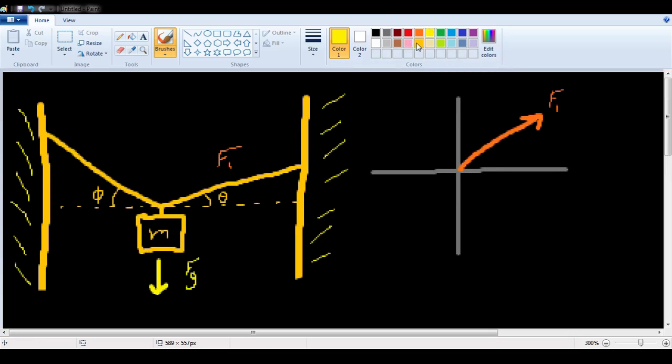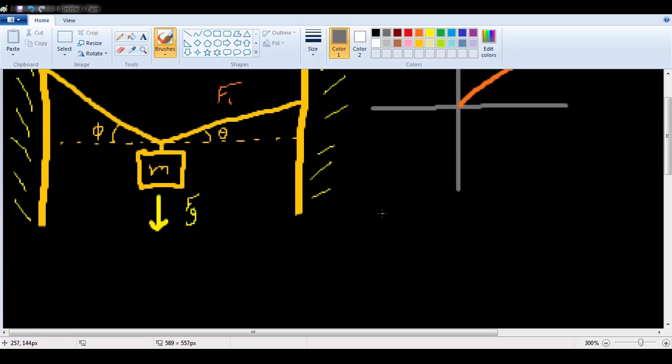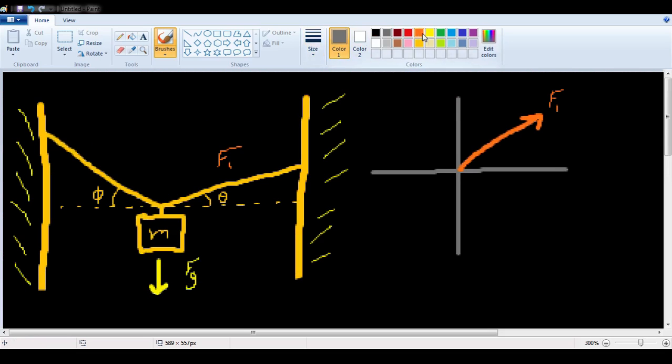So let's come over here, and the first thing you're going to want to do, and you probably already know this, is draw your force diagram. So I've already drawn on there F1, which is from this string right here.